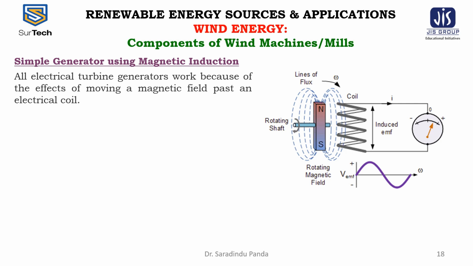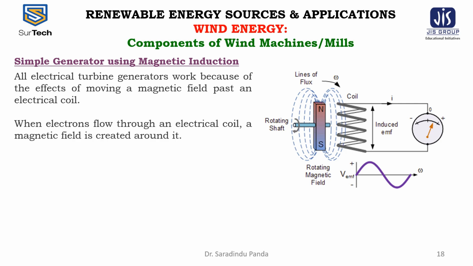The simple generator using magnetic induction is shown in the figure. All the electrical turbine generators work because of the effects of moving a magnetic field past an electrical coil. When electrons flow through an electrical coil, a magnetic field is created.